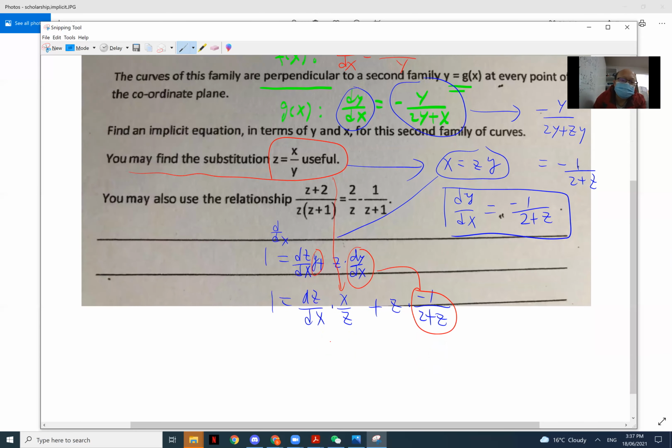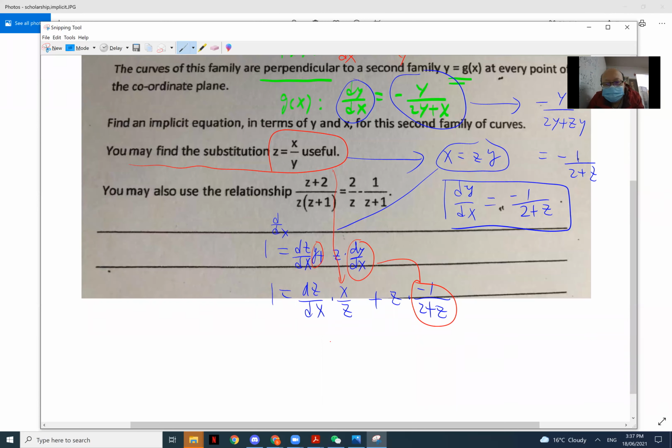Up to here, can we do something? Make dz/dx the subject. Any question here?